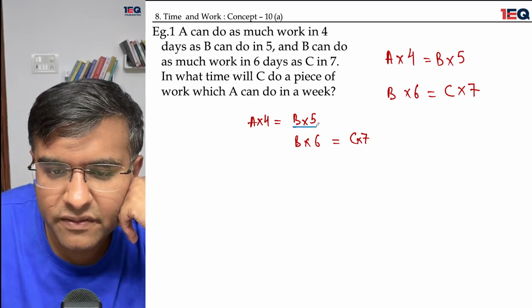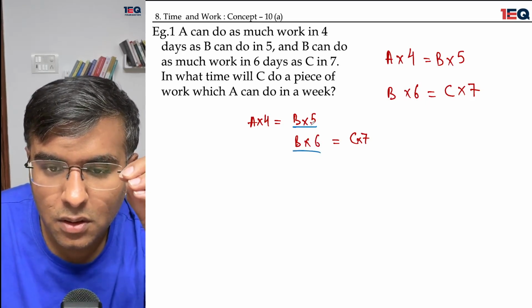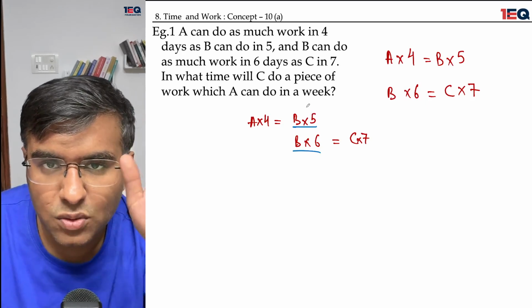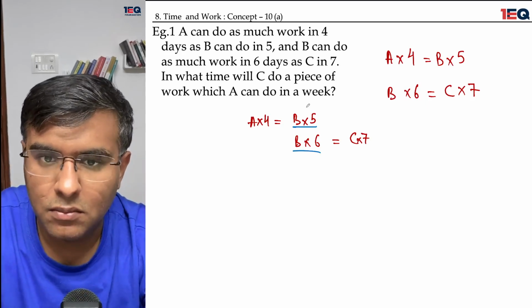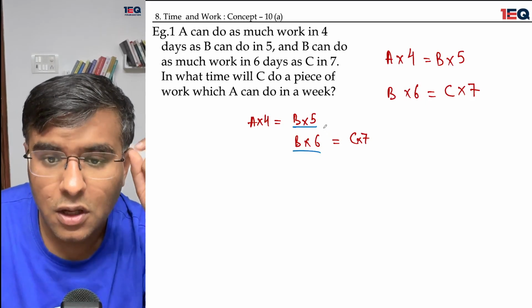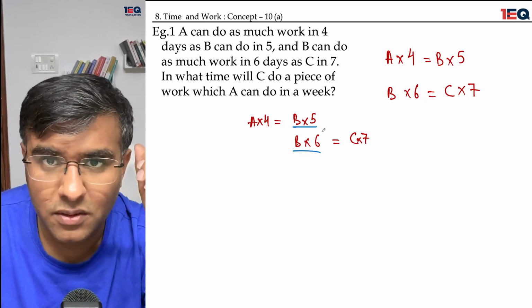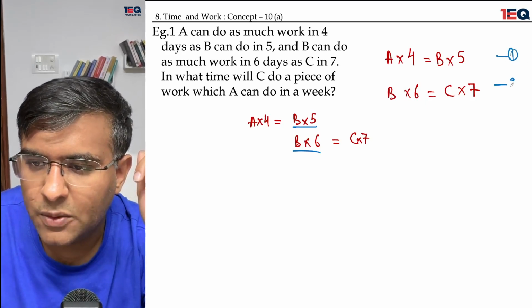We need to have a common number within B so that the equation streamlines into one entire line. How would that happen? I need to make the coefficient of B equal in both the different equations. Okay, this was equation 1, this is equation 2.